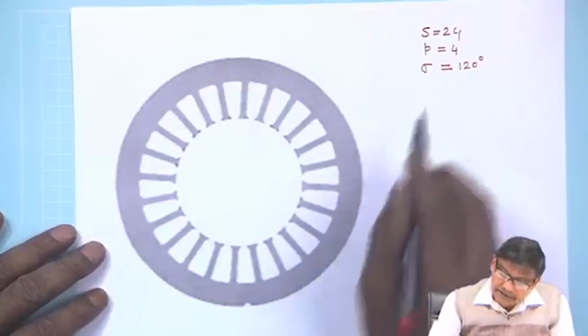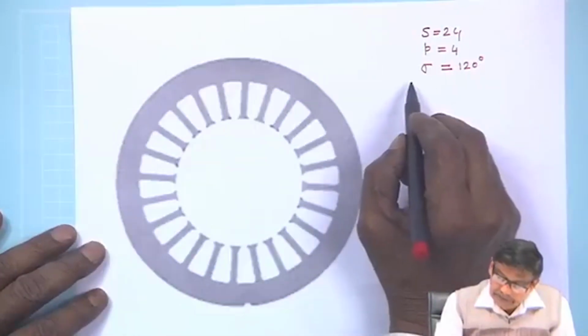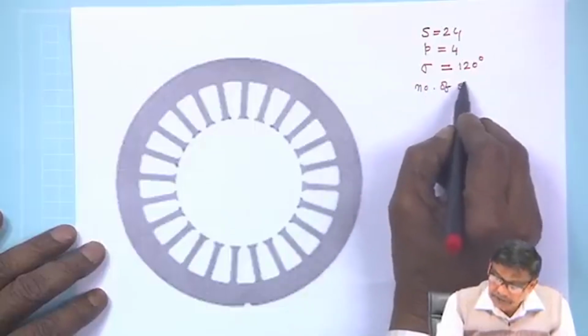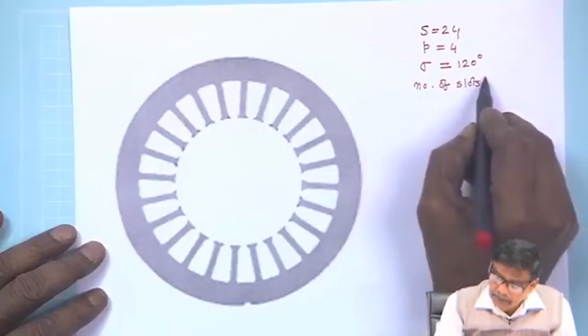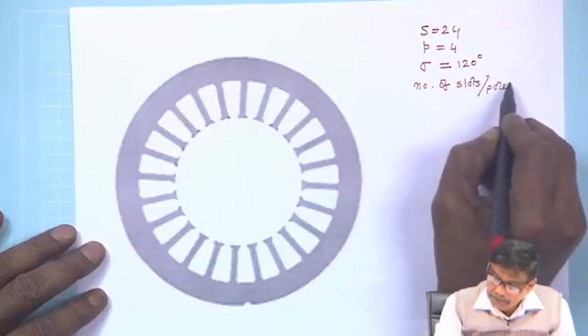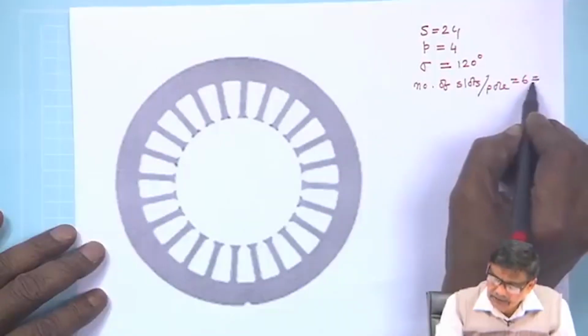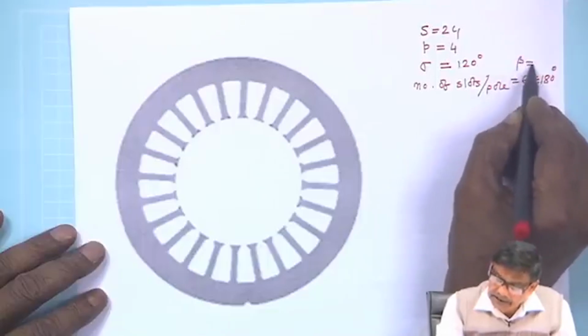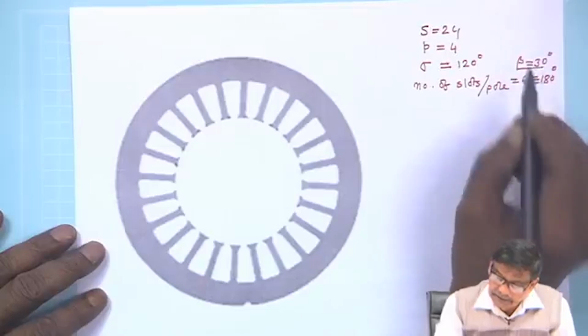Therefore, you can see the number of slots per pole is 6, and that is equivalent to 180 degrees. From there you get the value of beta to be 30 degrees, that is fine.